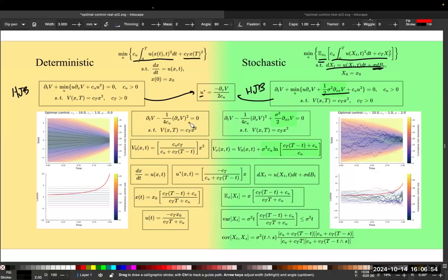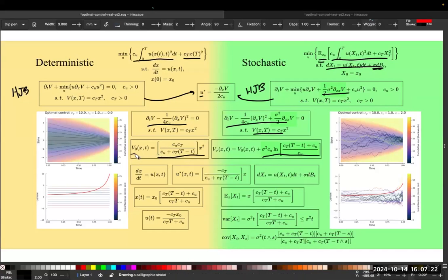We were then able to make this substitution into our original PDEs and find a solution given our terminal conditions in either case. So we found this for the deterministic case, and in the stochastic case, we had to append this temporal function, add it to our cost to go.